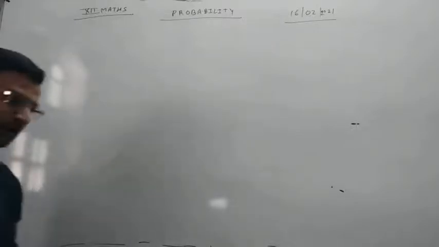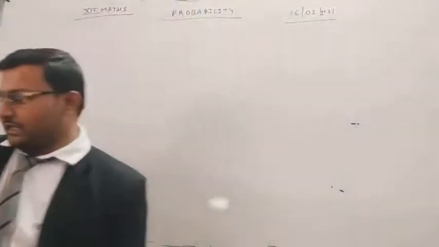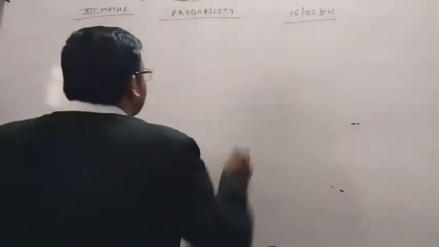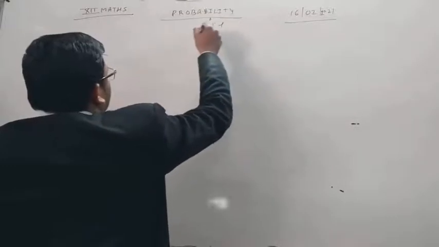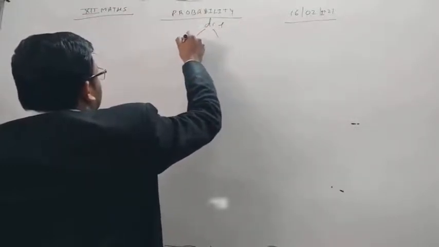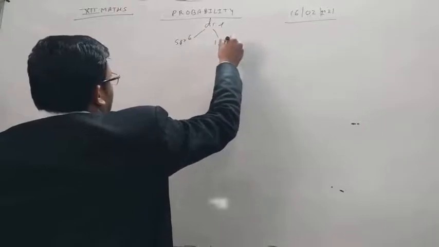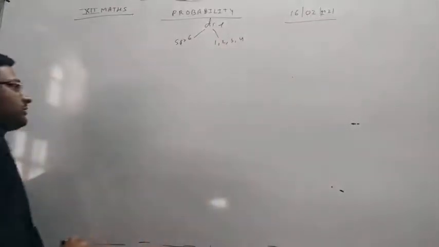Okay, students. So we are seeing that a girl is throwing a die and getting 2 types of events. That is, either she gets 5 or 6, or 1, 2, 3, 4. Okay, students.